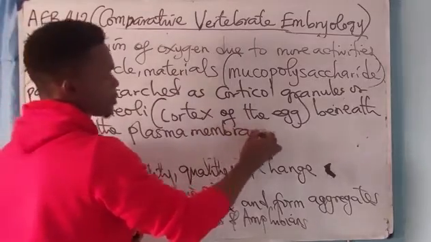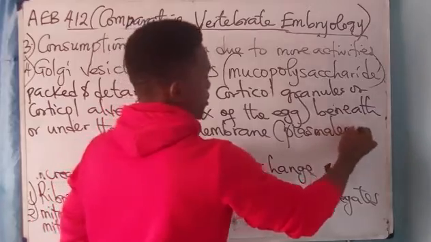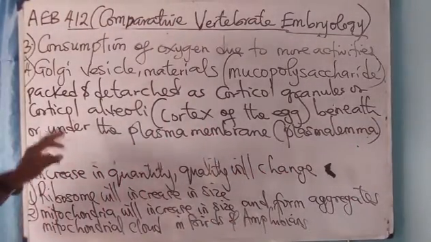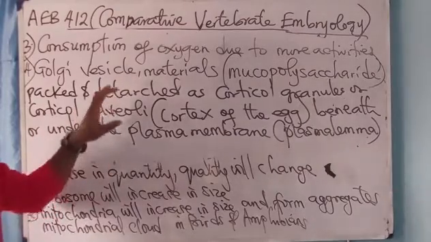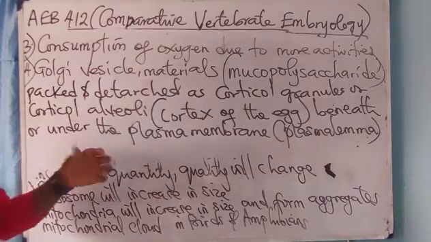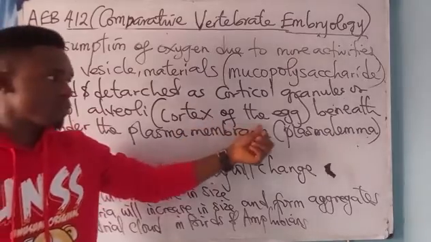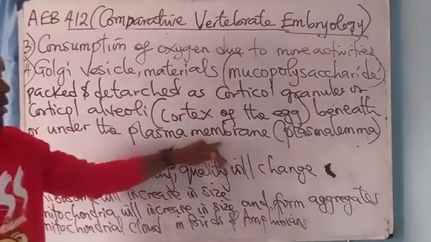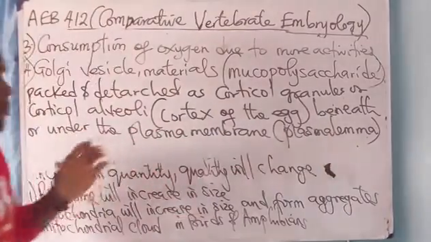Another word for plasma membrane is plasmalemma. So the detached cortical alveoli end up in the cortex of the egg, found under the plasma membrane, otherwise called the plasmalemma.